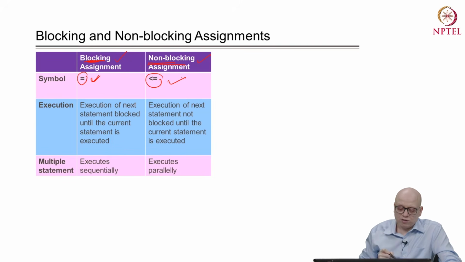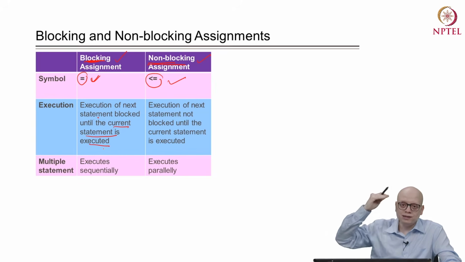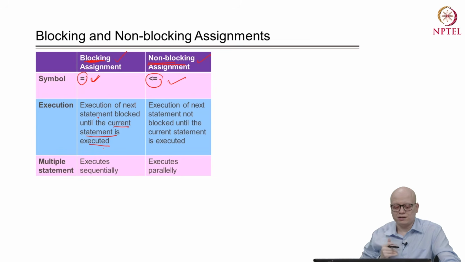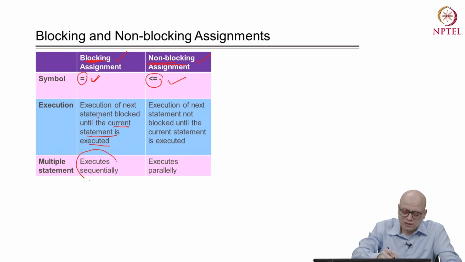For a blocking assignment, the execution of the next statement is blocked until the current statement is executed. It is similar to programming languages: if one statement is executed, then the next one and so on, in a sequential manner.